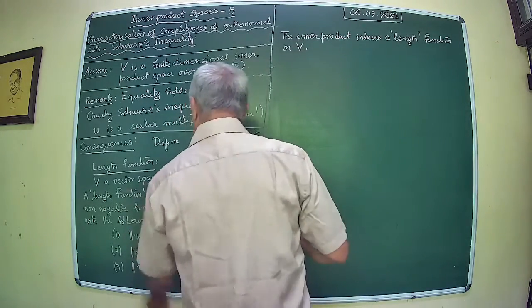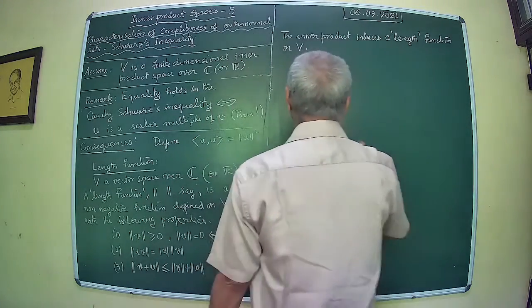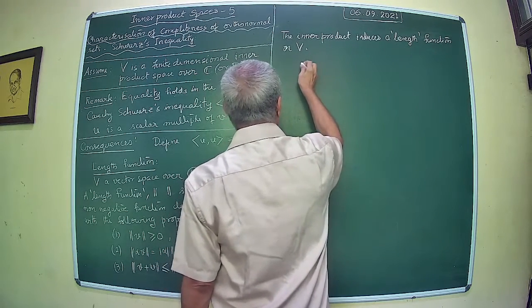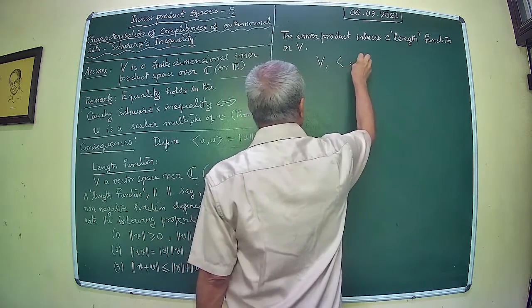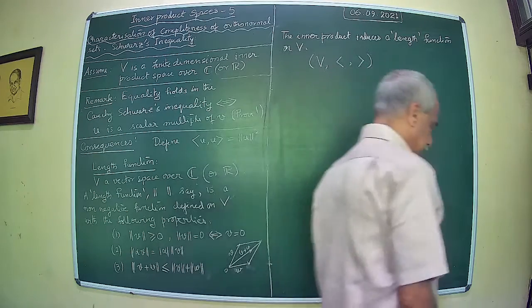You have to verify all these properties. So we have V with an inner product, this is the inner product space.